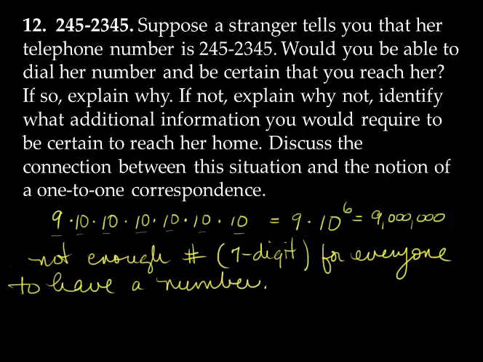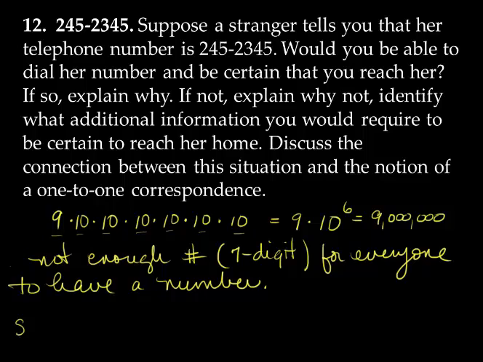In other words, the set of all 7-digit numbers has a smaller cardinality than the set of people who have telephones. There is not a one-to-one correspondence between the set of 7-digit numbers and the set of people.